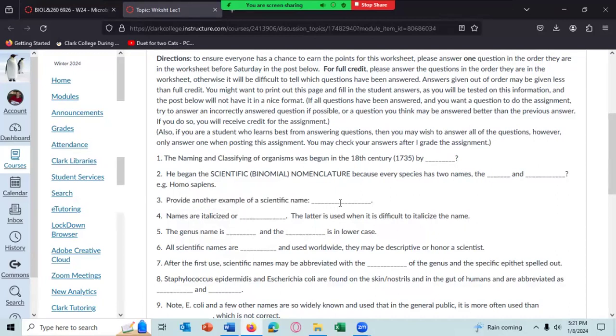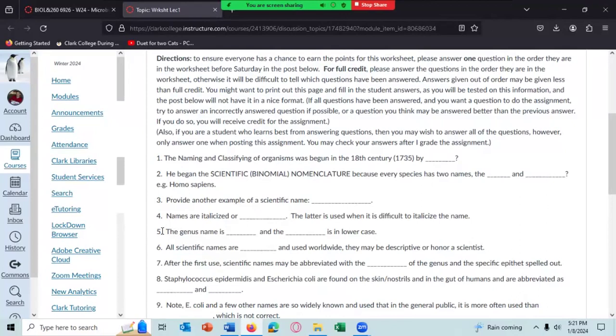Now, if you don't like question number 3 because, I don't know, you don't know the answer or you don't want to look it up or something like that, you just skip it and then come back to the assignment at a later date. And some other student will answer question number 3. And let's say another student answers question number 4.